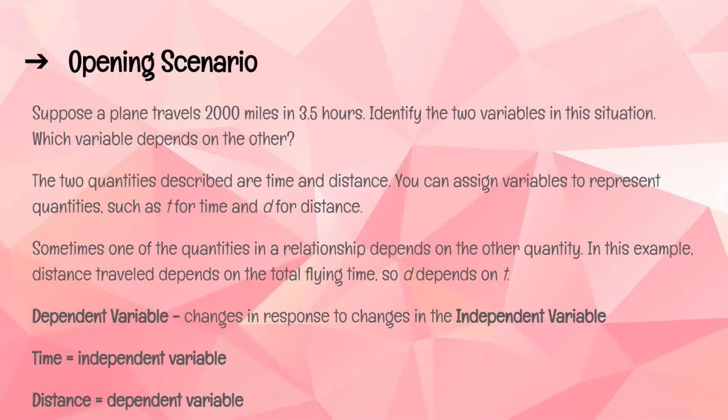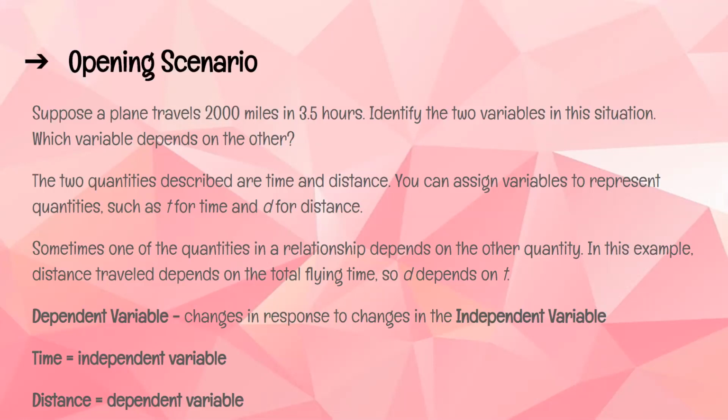But let's say I only travel for 2 hours. The amount of miles is going to change based on the number of hours or the total minutes that I'm flying. So in this case, the time is my independent variable, and my distance is the dependent.